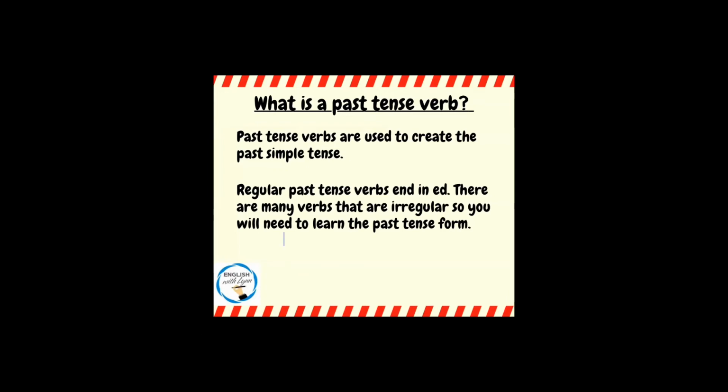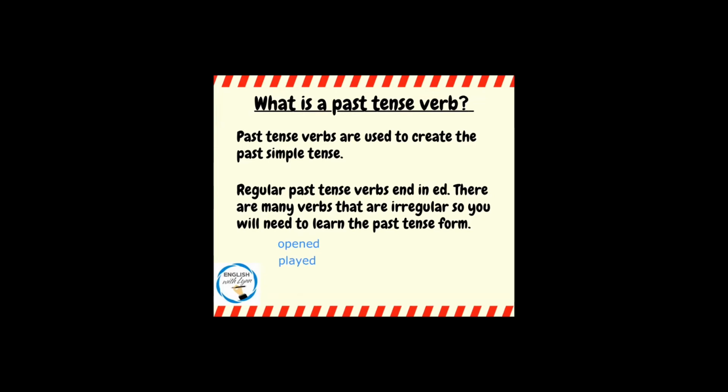So if you have the base verb open, you just need to add ed on the end of it to make opened, which is your past tense verb. If you have the base verb play, you just need to add ed on the end to make played, which is a regular past tense verb.